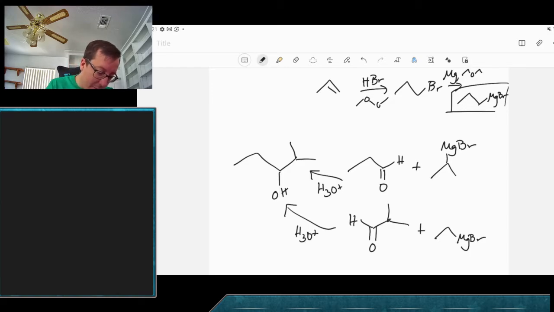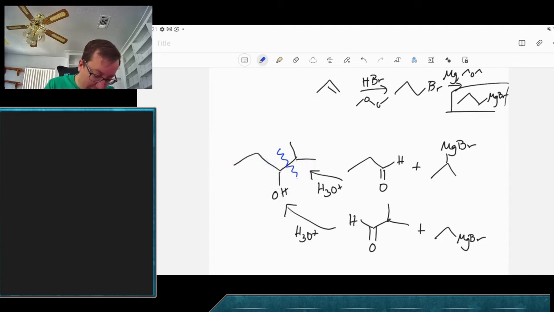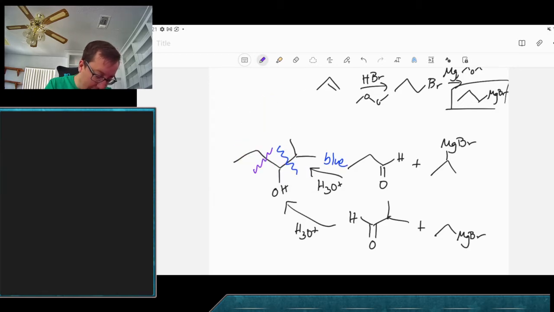And in that case, we're looking at two options. We're either looking at it attacking at that side, which will give us this blue pathway, or we're looking at it attacking on the other side, and that would be the purple pathway. And so it simply depends.